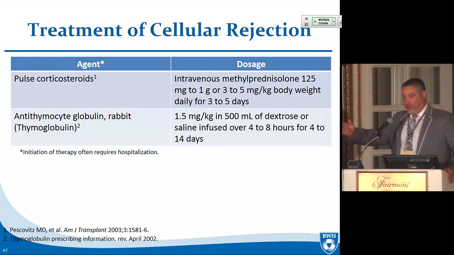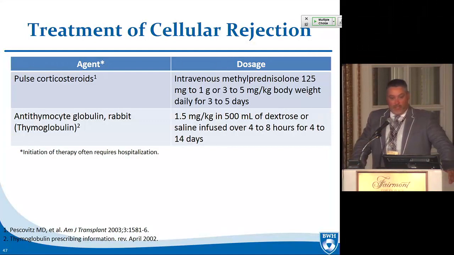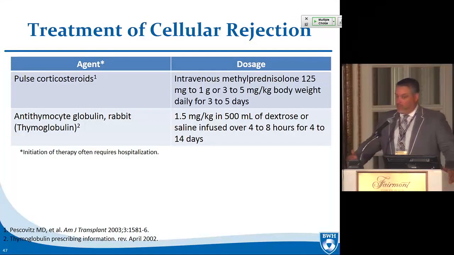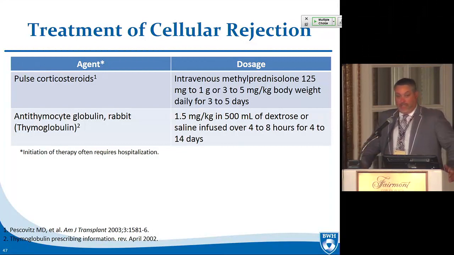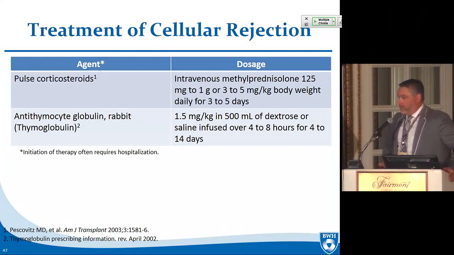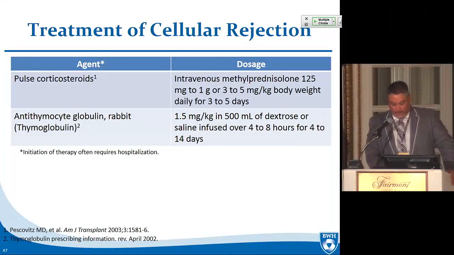If that doesn't work or you have a severe enough cellular rejection, you can use Thymoglobulin. And this is where it has its indication of 1.5 mg per kg, generally given for at least 4 up to 14 days. If that doesn't work, you could try Alemtuzumab, especially if you have a patient that you don't think will get transplanted again. Generally for us, we'll stop after Thymoglobulin if that doesn't work.